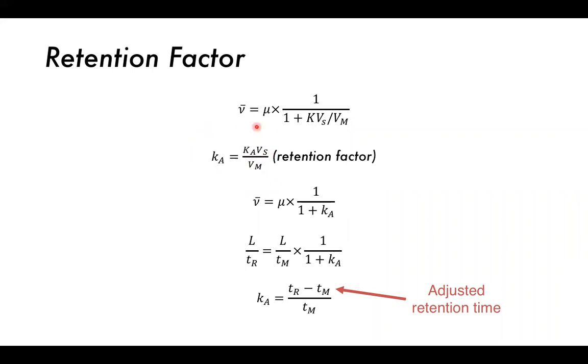This retention factor is substituted into this, and so we get the velocity is equal to the mobile phase velocity times 1 over 1 plus the retention factor. That can then be related back to the length of the column, because remember that the velocity is the length of the column divided by the total retention time.